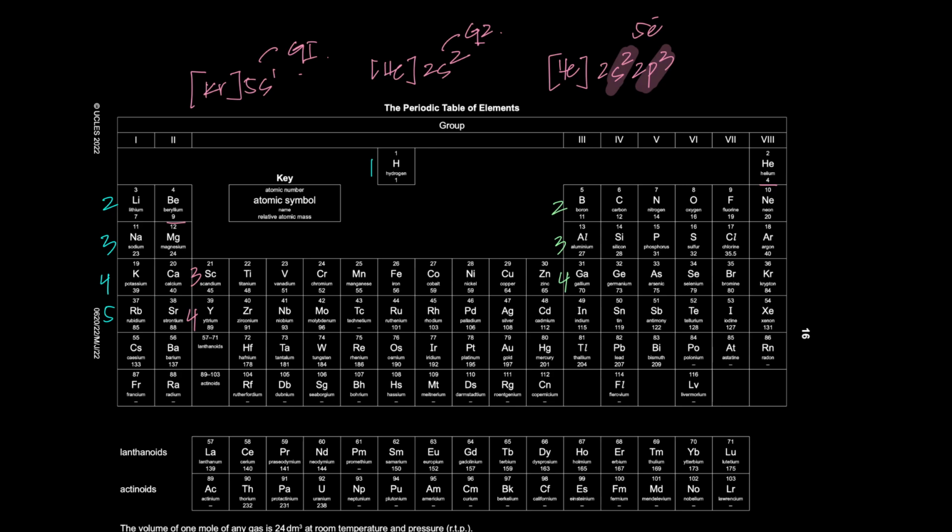And that is the beautiful thing about shorthand electronic configuration. It also tells you the group number of that particular element, because you are writing the electronic configuration in such a way that you're only representing the outermost electrons, which in this case is 1, in this case is 2, in this case is 5, in nitrogen's case, right?